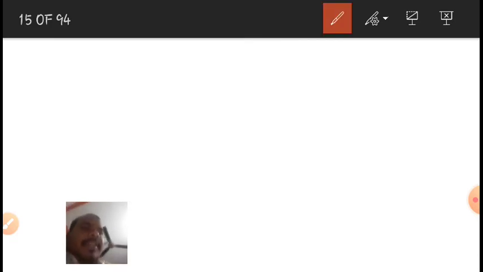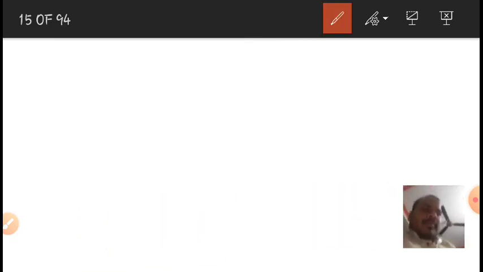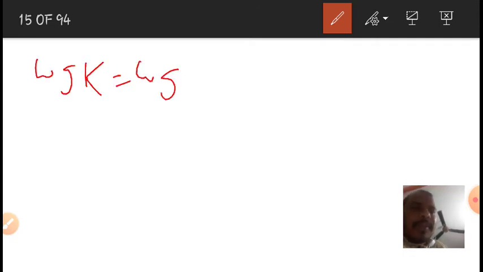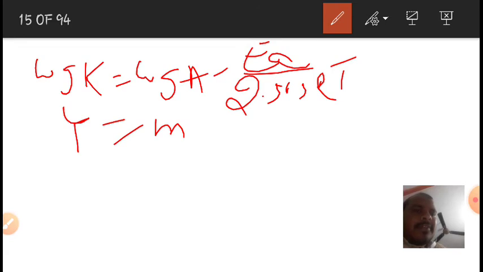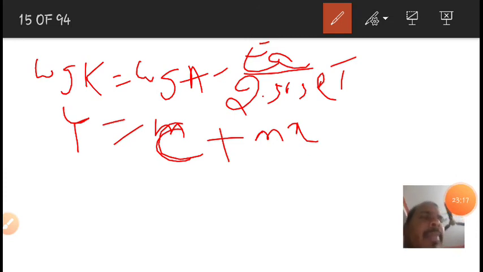Suppose log k is equal to log A minus EA by 2.303 RT. It is an equation of a straight line, y is equal to mx plus c, where c is the intercept.